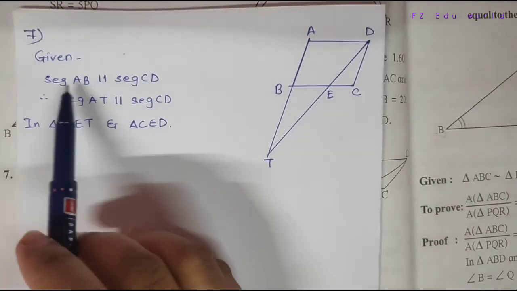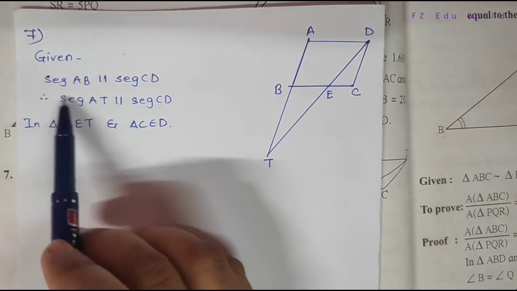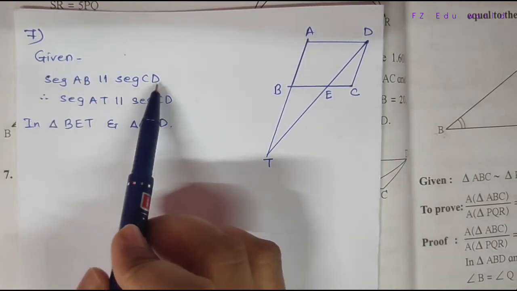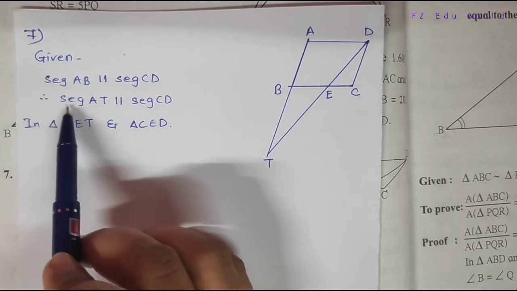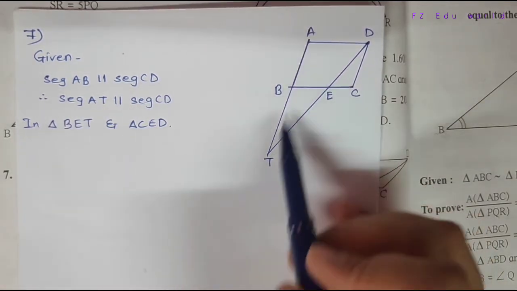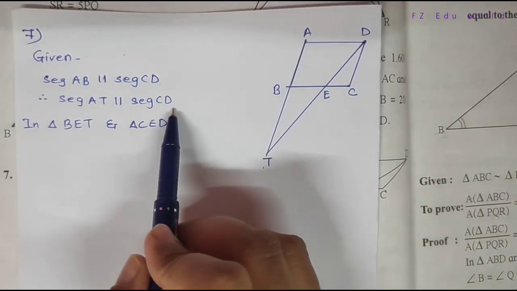So we write here: given segment AB is parallel to segment CD. Therefore, segment AT is also parallel to segment CD.